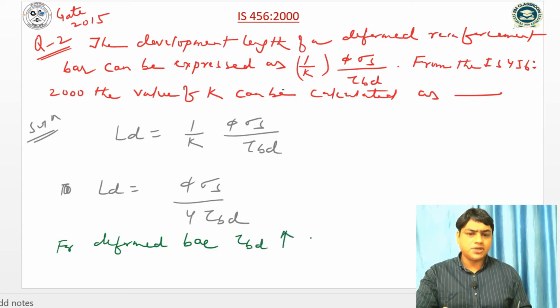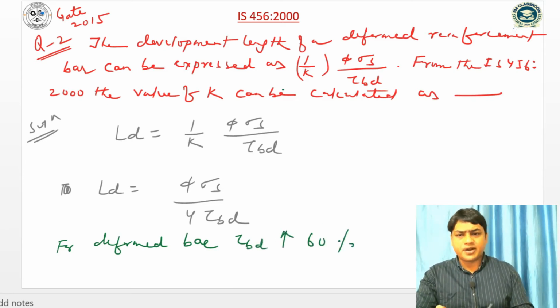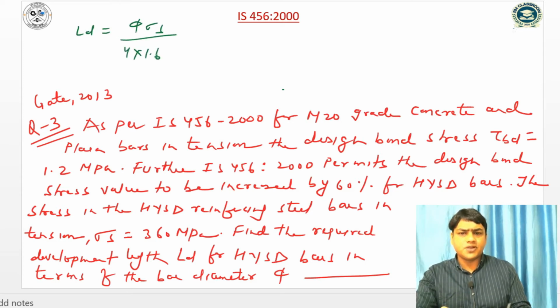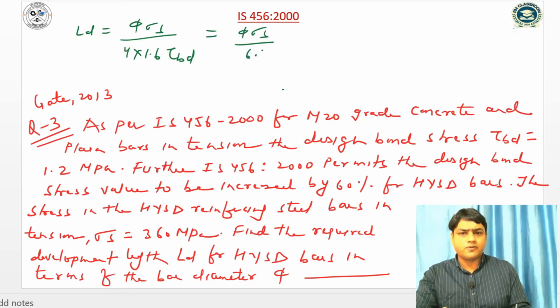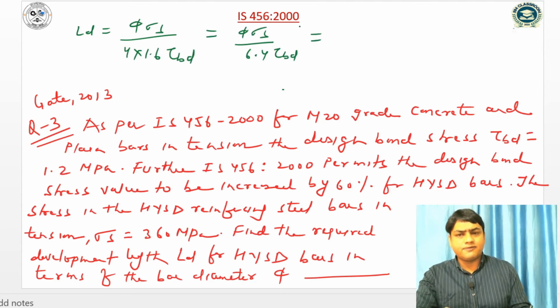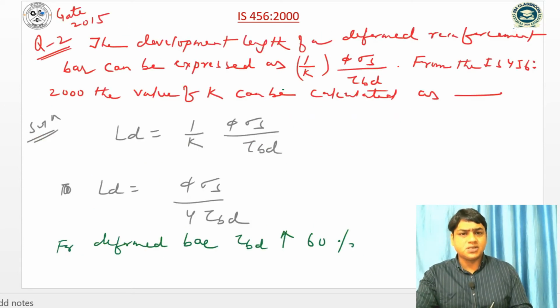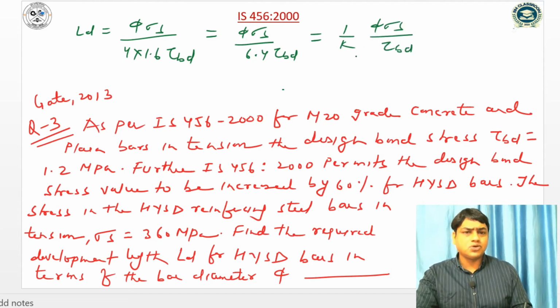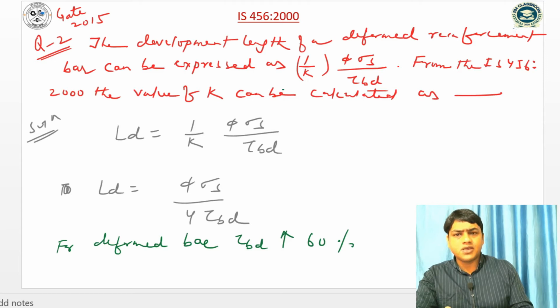So we can write Ld is equal to phi into sigma s divided by 4 into 1.6 into tau bd. So it will be phi sigma s divided by 6.4 tau bd. And the development length for the deformed bar is suggested in the question as 1 by K into phi sigma s divided by tau bd. So if you equate these two, the value of K will be 6.4.